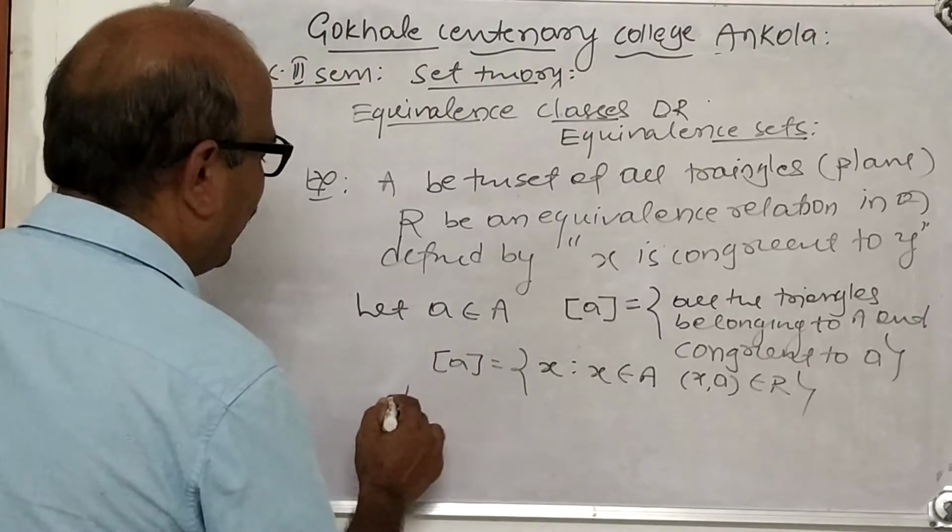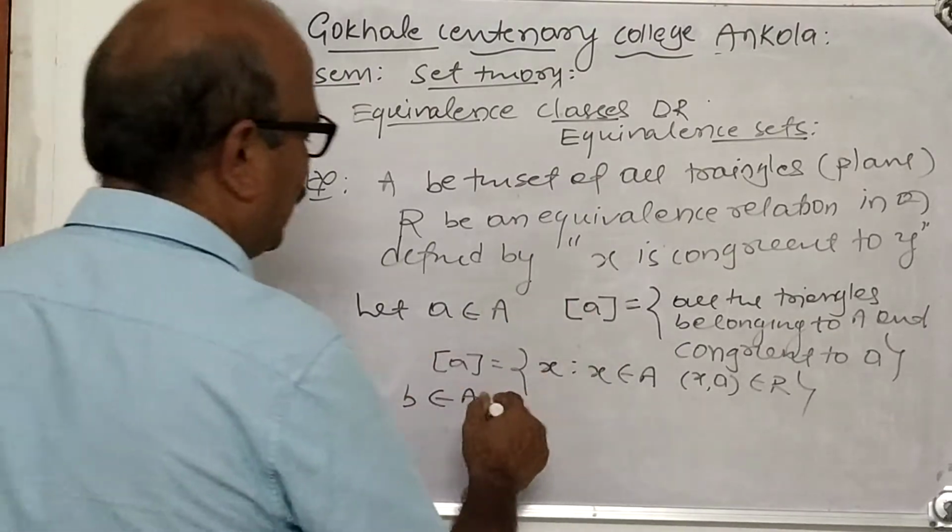Now suppose another element B belongs to A. Another triangle is there.